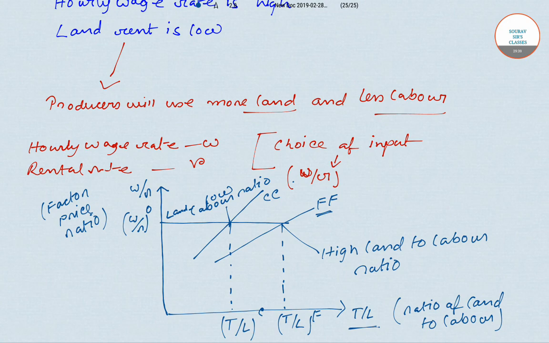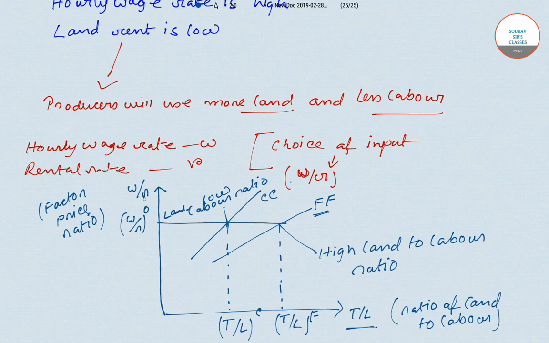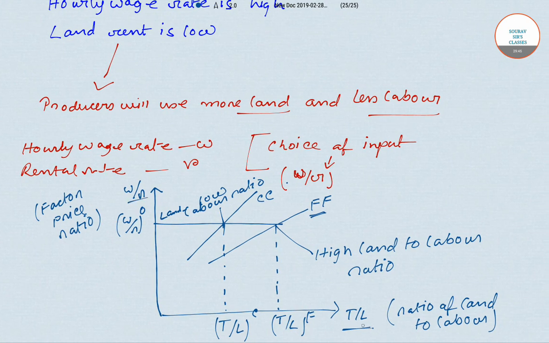So from here we know the corresponding relationship between W by R and T by L, the ratio of land to labor, in cloth production is shown by the curve CC, and the line FF lies to the left of the line CC, as you can see.